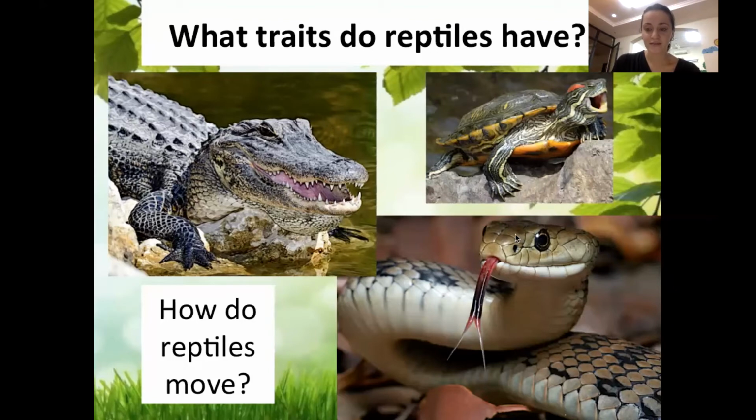Pirates? They use their legs. Yeah, good. Anyone else have an idea? Oh, Leo has a couple of good answers. Leo, how do you think reptiles move? They slide and crawl. That's good. So snakes slide.